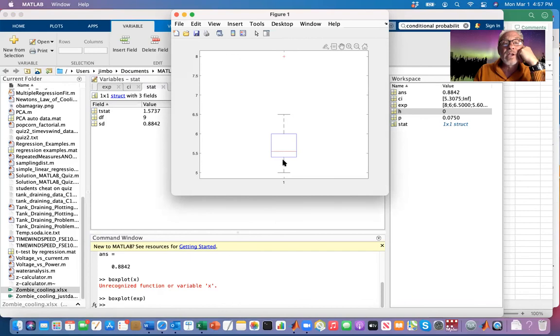Well, 5.38 is down here, below the first percentile, but it's not way down in the tail. So we can take a look at our data very nicely that way using a box plot.